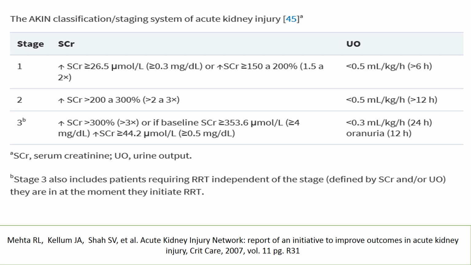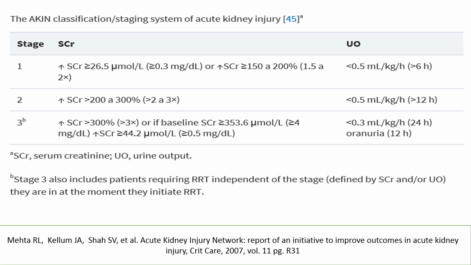So they introduced the element of using absolute changes in serum creatinine to define what acute kidney injury was, and this change in creatinine had to occur over a 48-hour period. And in addition, you had to make sure that the patient was euvolemic. So if they had been dehydrated, you would have given them a fluid replacement. You had to make sure that there was no obstruction to urine flow.